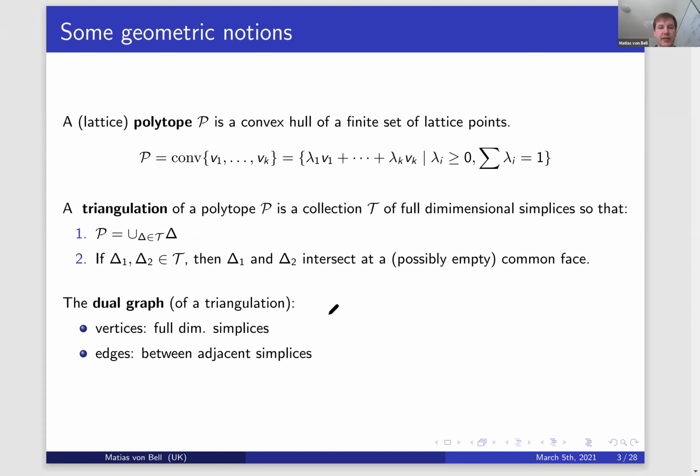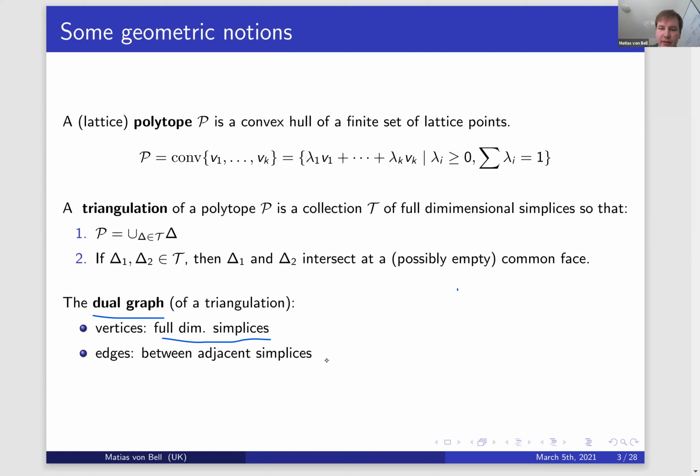And with a triangulation, an important notion that we'll see today is the dual graph of a triangulation. That's a graph that's constructed by taking the full dimensional simplices in the triangulation and then drawing edges between any of the adjacent simplices.